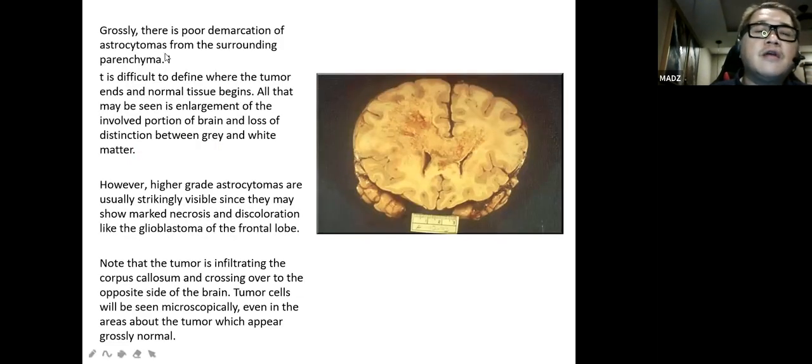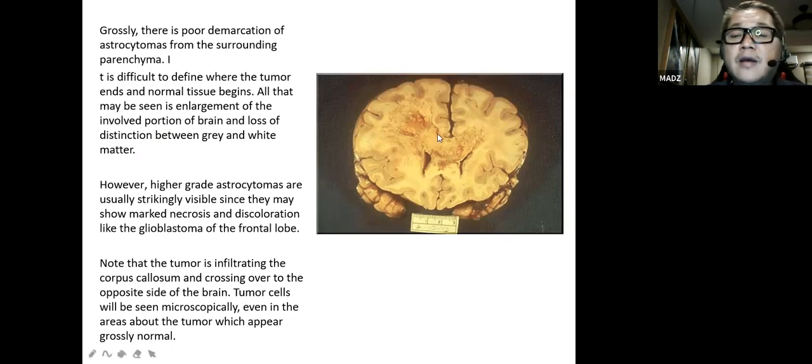So grossly, there is poor demarcation of astrocytoma from the surrounding parenchyma. It is difficult to define where the tumor ends and the normal tissue begins. All that may be seen is enlargement of the involved portion of the brain and the loss of the distinction between the gray and white matter.